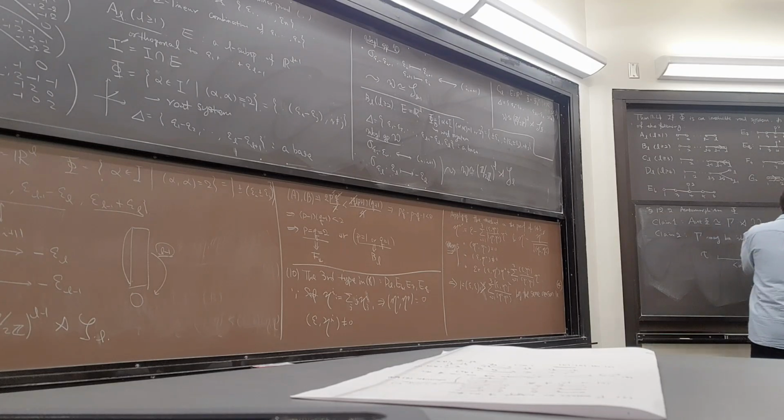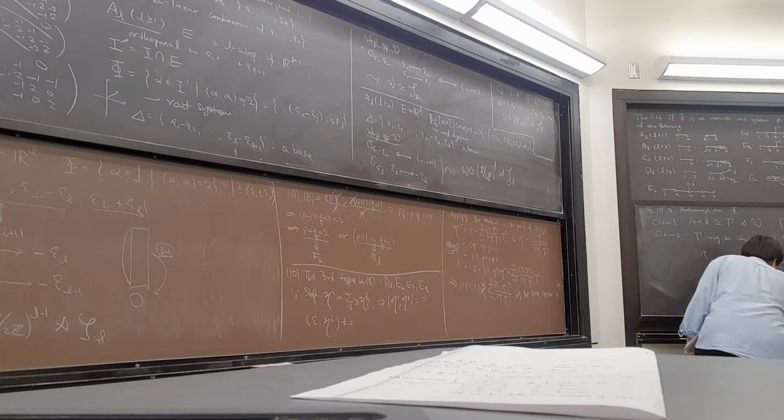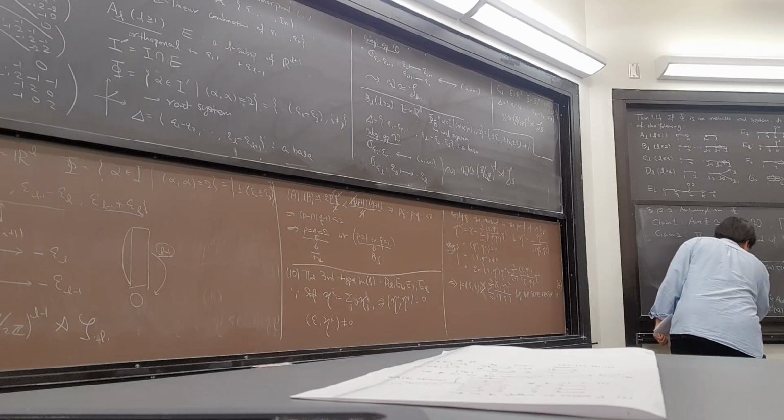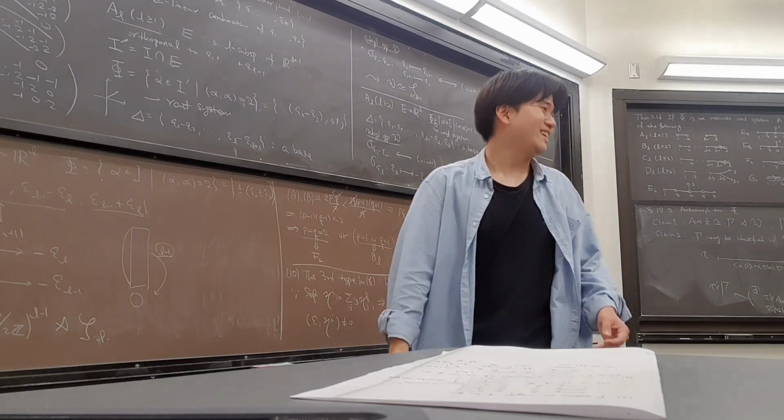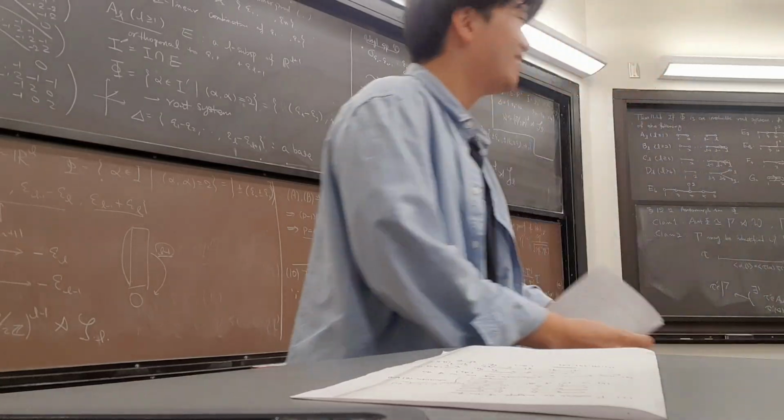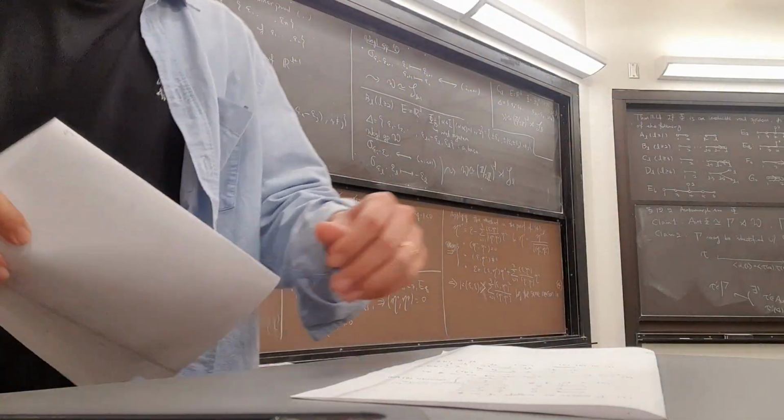But we know that this automorphism preserves the basis, so the base. So that tells us tau prime is in Gamma. That's it. This is for section 12. Any questions so far?